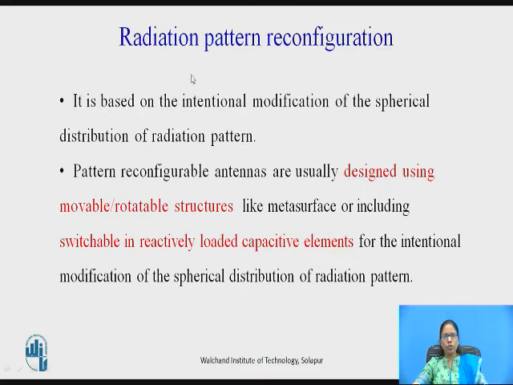Another kind of reconfiguration mechanism is radiation pattern reconfiguration. It is based on the intentional modification of the spherical distribution of the radiation pattern.